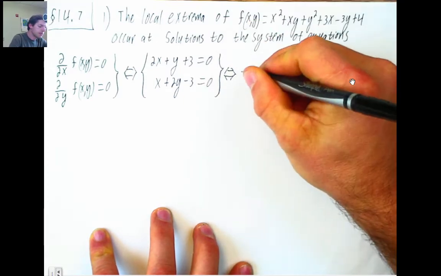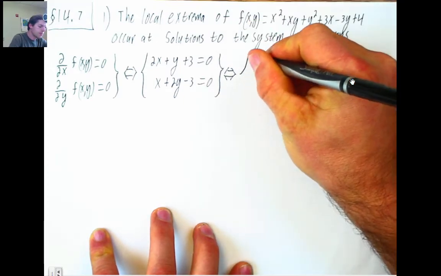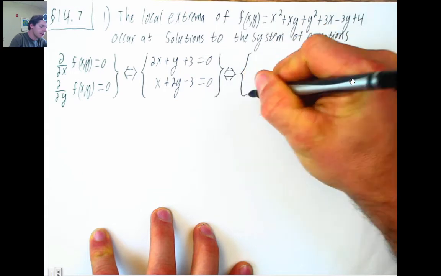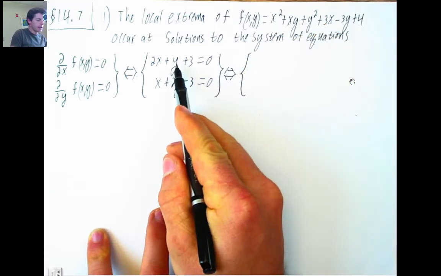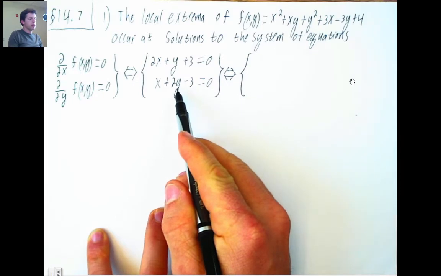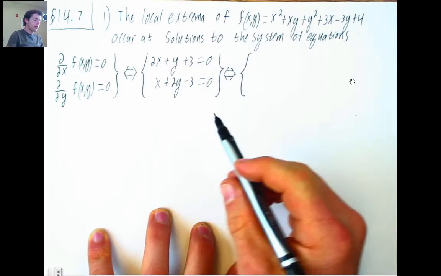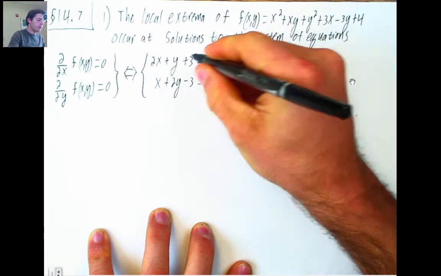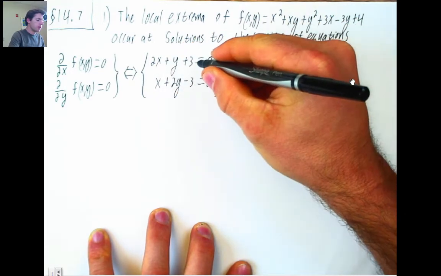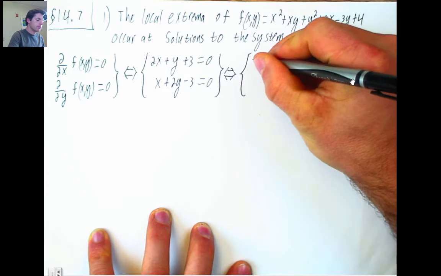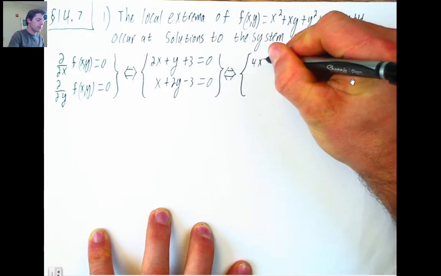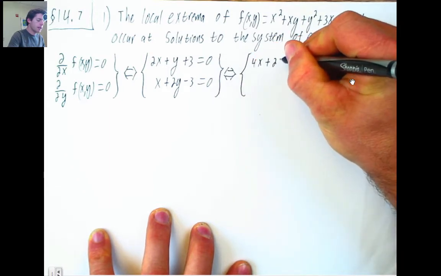I am going to recognize that in the first equation I have 1 times y, while in the second equation I have 2 times y. And I would like to have 2 times y in both equations for a particular reason. So I'm going to multiply the first expression here by 2 to give me 4x plus 2y.